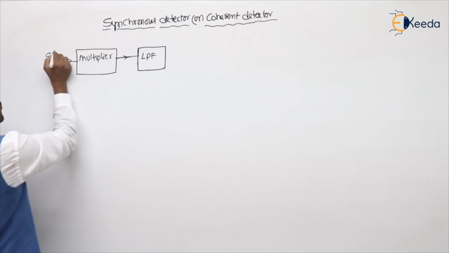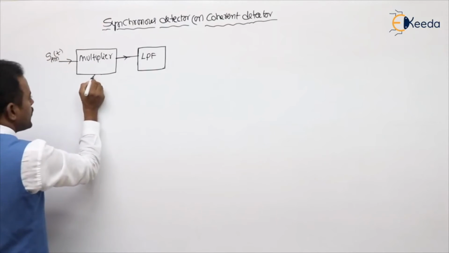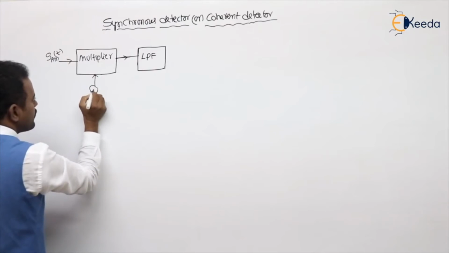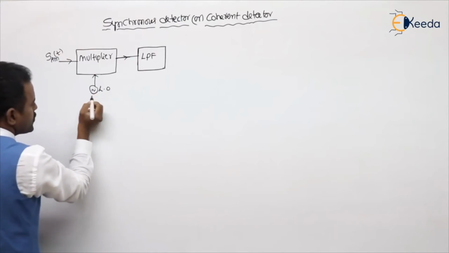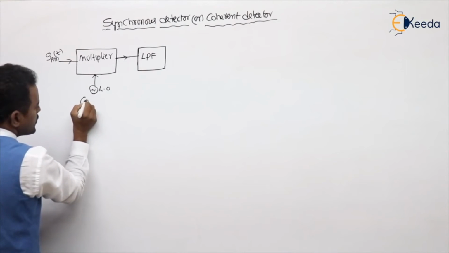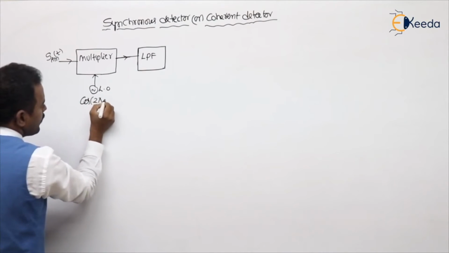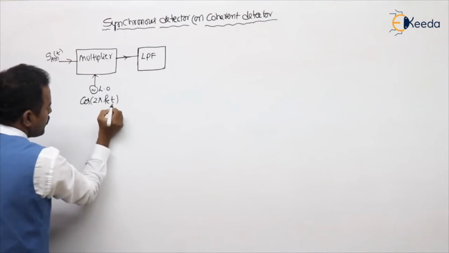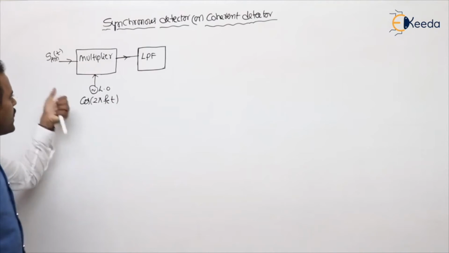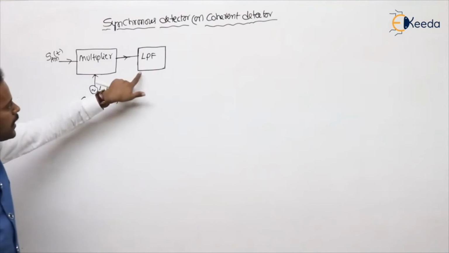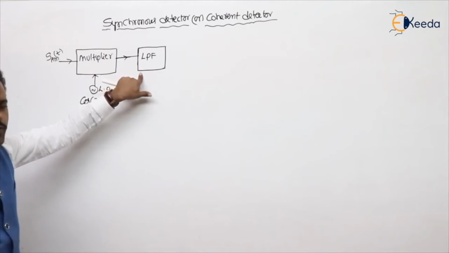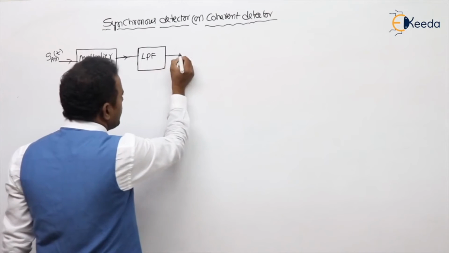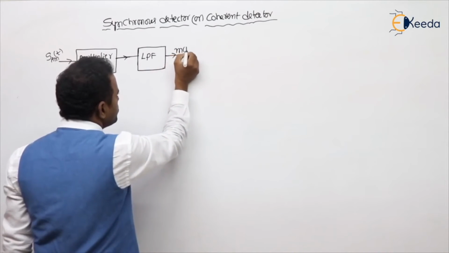The amplitude modulated signal. The other input is given from the local oscillator. LO means local oscillator, which has the same frequency and phase as the original carrier. No need for the same amplitude. I already told that the last block in the demodulators is always a low pass filter, to get back our message m of t.